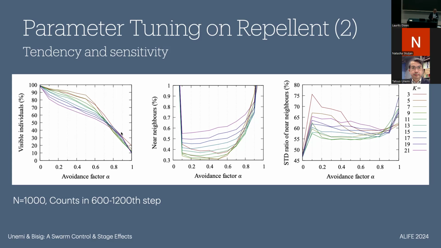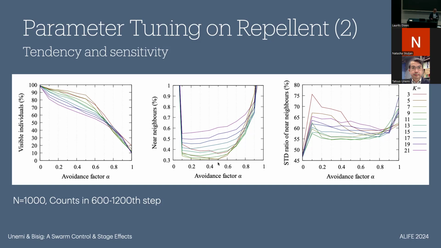The left graph shows how many individuals are in the target area. If the concentration is very high, almost 100% of agents are inside the target area, but it is too condensed. So we need to regulate this value around here. It is much better to distribute them evenly inside the target area, so the value should be something around here.